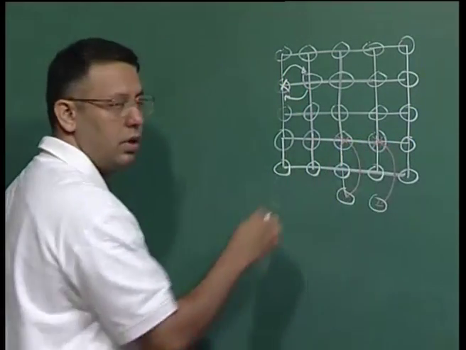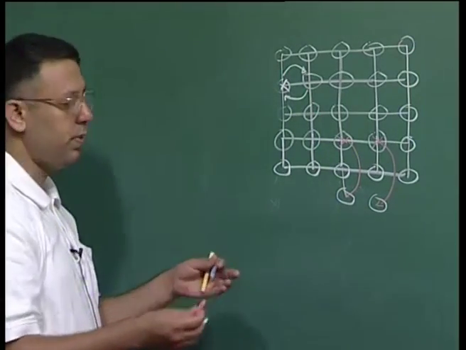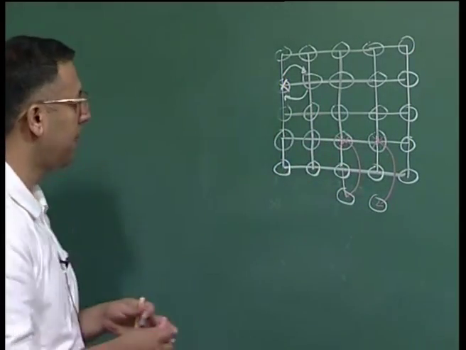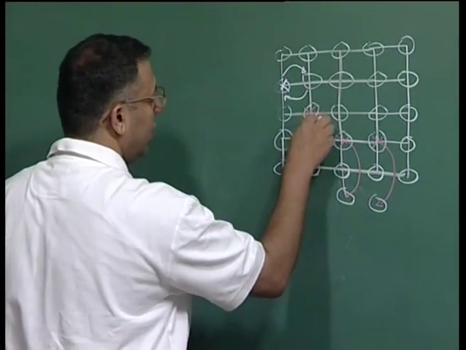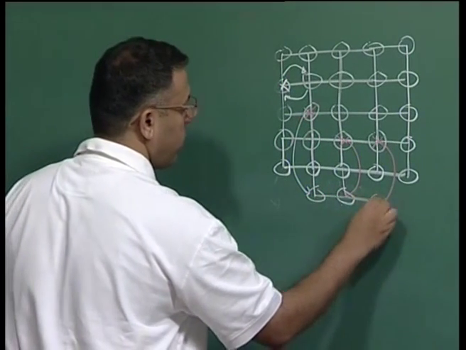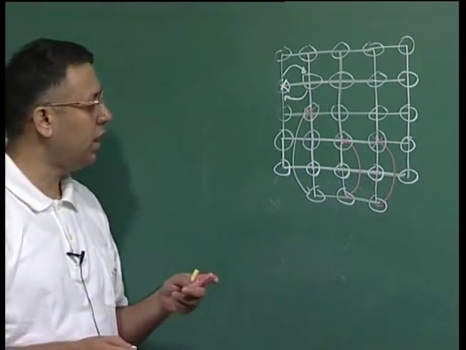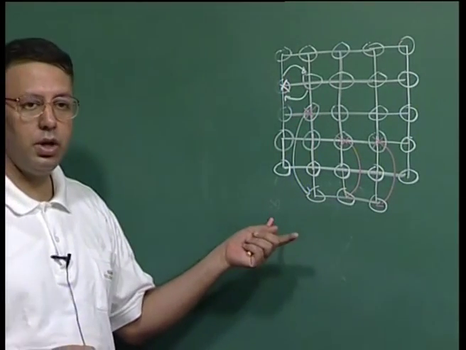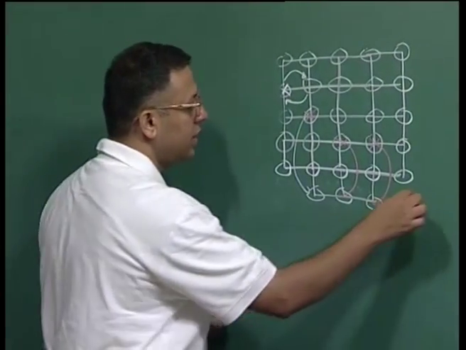Of course, I am drawing them next to each other because I have a finite diagram here, but in a larger picture these vacancies would be far away. There could be one more vacancy, for instance, created somewhere here, and this atom could come and sit here. Even in this crude schematic, you can see that as I heat the crystal and the vacancy concentration increases, the crystal is increasing in volume.